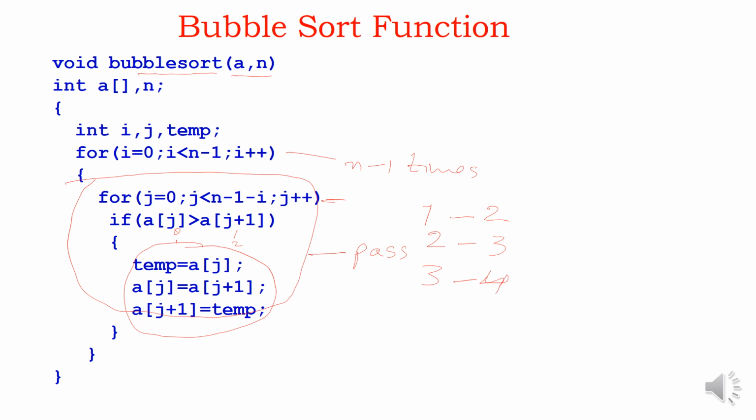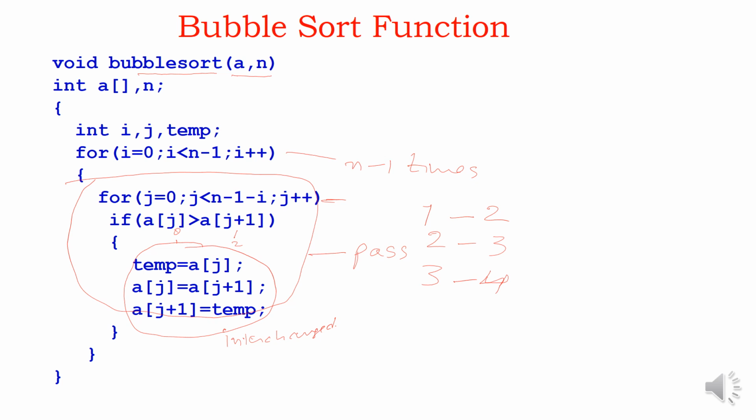So there may be n minus 1 passes. In every pass again, there are some number of comparisons. Every comparison checks whether the elements are in proper order or not. If they are not in proper order, they will get interchanged. So there are n minus 1 passes, and in every pass there may be some number of comparisons.